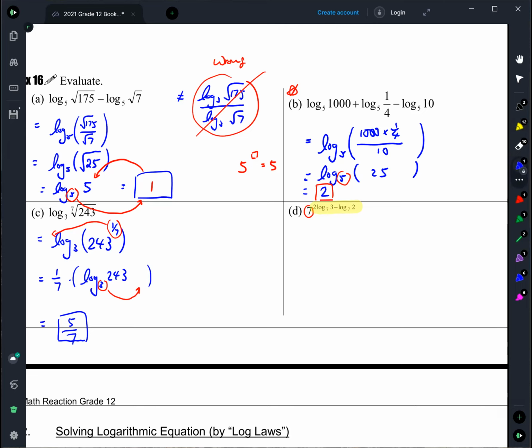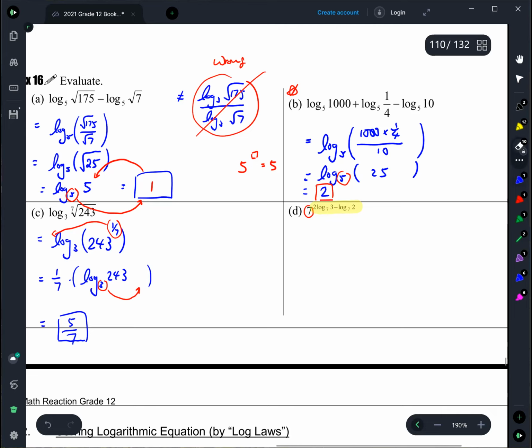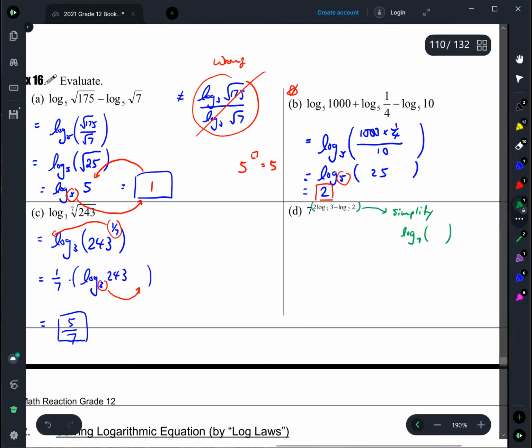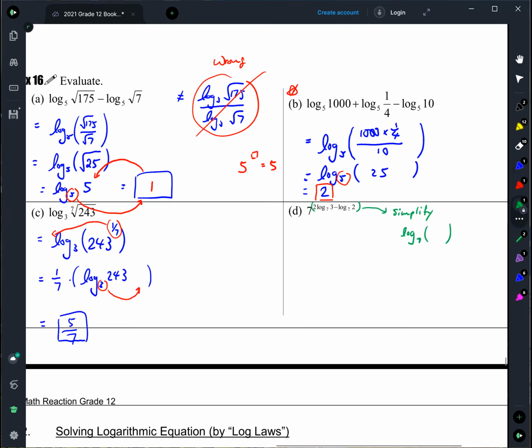So I would like you to apply a log law to that exponent part. Simplify it as far as you can, into a single log. We'll just use green. So I would like you to turn this into log base 7 of something. Simplify into a single log. Please raise your hand after you've done simplifying.